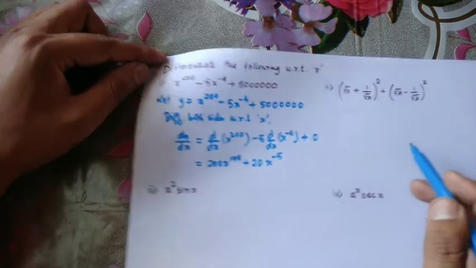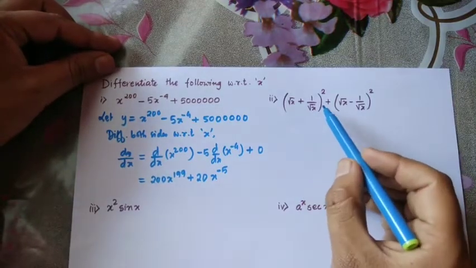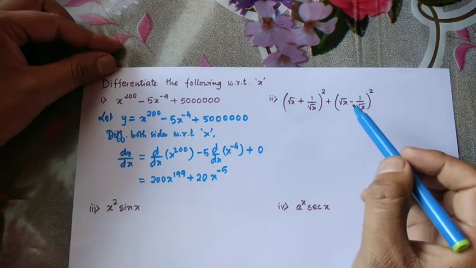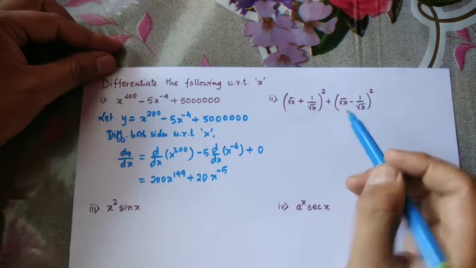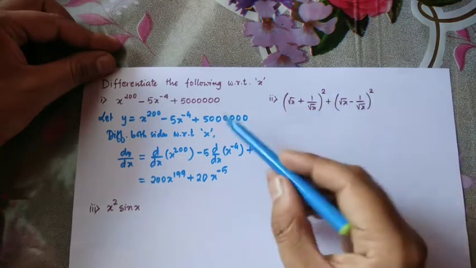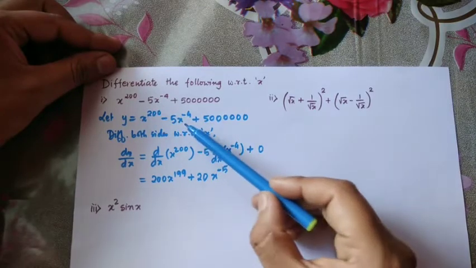Now let us have a look at the next question. If you are able to solve or simplify the given expression, that will be very nice. But if you are not able to, then you have to directly differentiate each and every term.